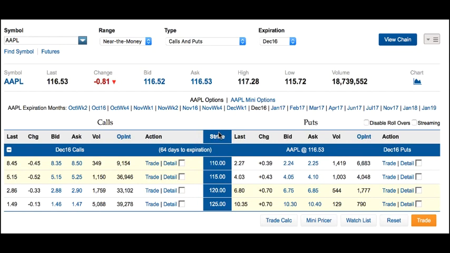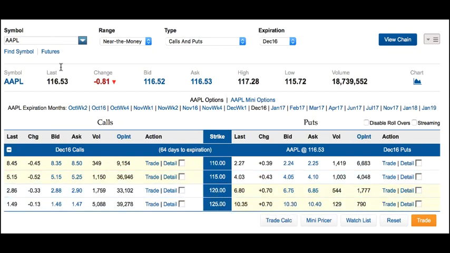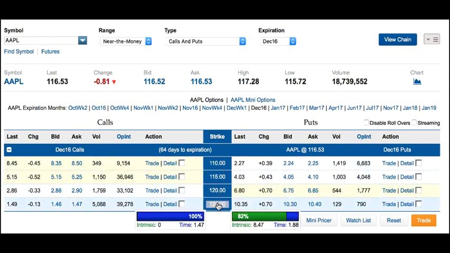Now all you have to do to go to the other side, the puts here, is either select puts up in the top or just go to the other side. This is if you want to buy a put because you think Apple stock is going to go down. The only thing that really changes here is that the in the money options are going to be the strike prices that are higher, because since you're betting on it to go down, this 116 real-time Apple stock price has to be lower than the strike price.